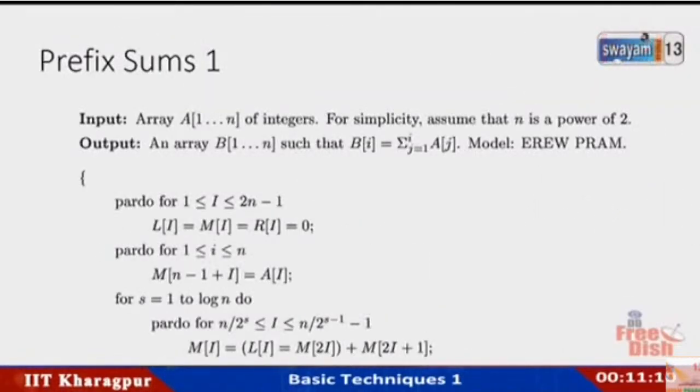In the first step of the algorithm, for every single node of the binary tree, we set all the left values, middle values and right values to 0. And then in the second step, the elements of the array A are copied into the leaves of the binary tree. That is what's happening here. The leaves are at locations n to 2n minus 1.